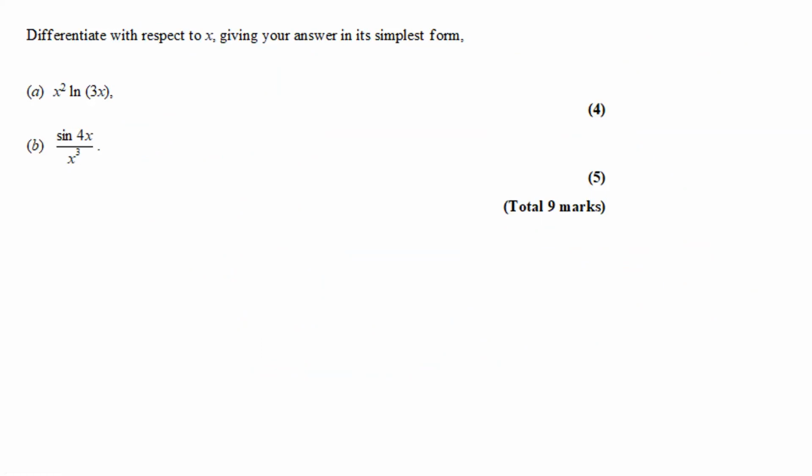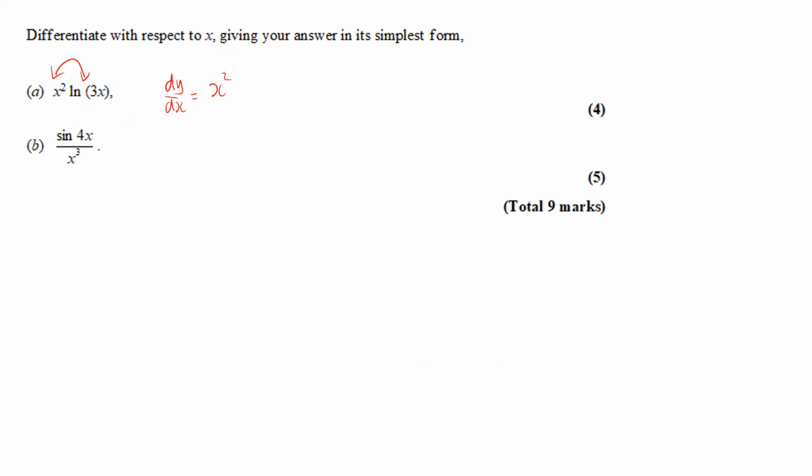So first of all, 9 marks. These are all past paper exam questions that I'm using. We're going to be differentiating here, and we can see that we've got a product. So what are we going to use? Because we've got a product, we're going to use the product rule. So dy by dx. Remember, it is first times differential of second. So first differential of ln.